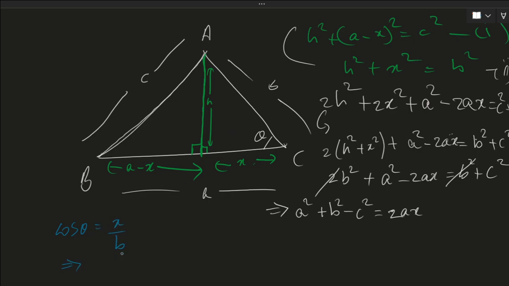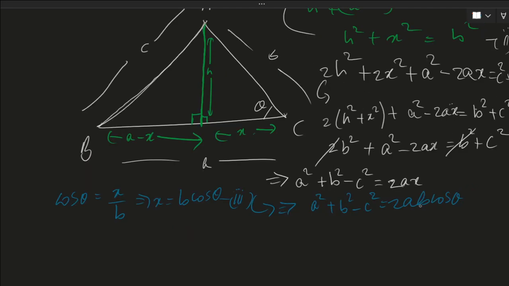Now you get x is b cos theta. Apply that here, x equals b cos theta, and you get a square plus b square minus c square equal to 2ab cos theta. Now, this is basically the cosine rule, or you can just bring it down to a better form: cos theta is a square plus b square minus c square by 2ab. And we are done.